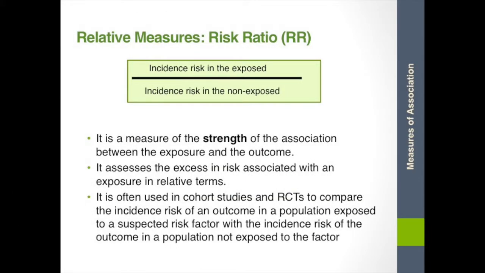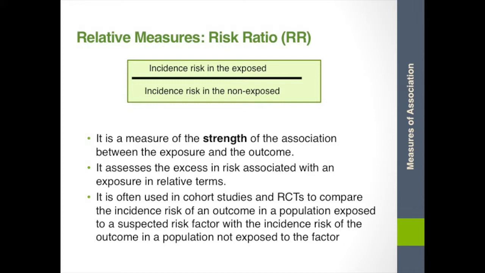For the relative measures of association, let's start with the risk ratio. For the risk ratio, you simply divide the incidence risk in the exposed by the incidence risk in the non-exposed. The risk ratio is a measure of the strength of the association between exposure and outcome.